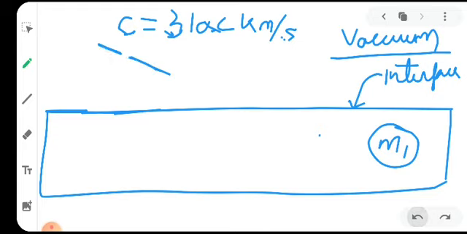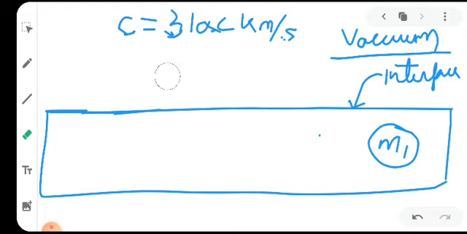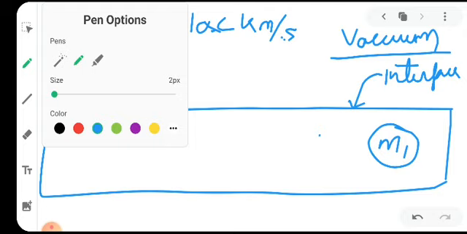Let me use another color so that you don't get confused about it. Let me reduce the size of this eraser. Okay, so we have another color. I would use the yellow instead.